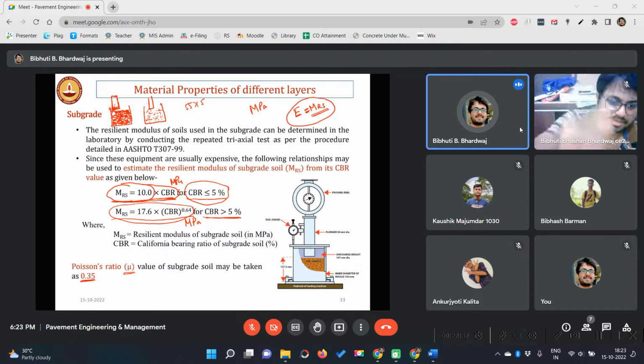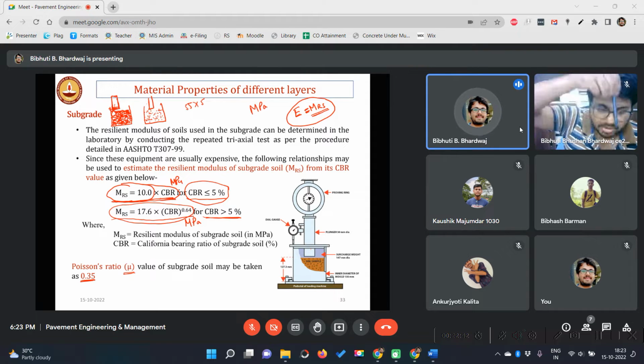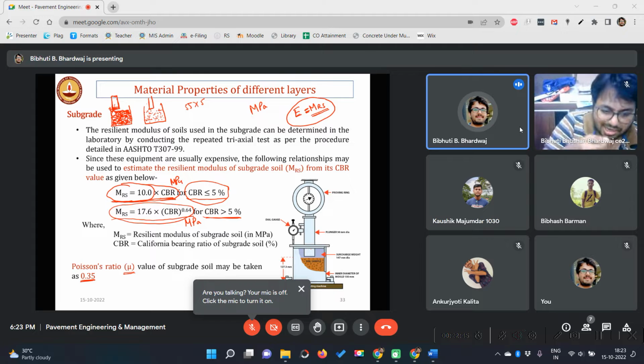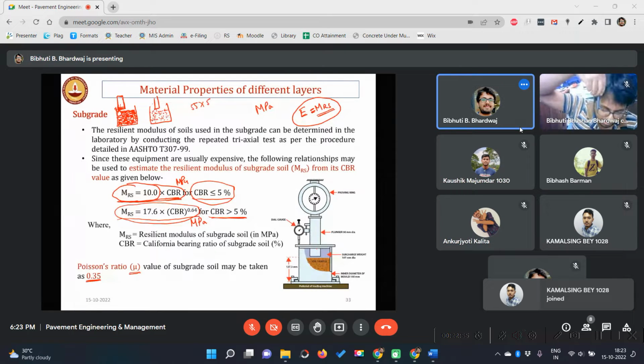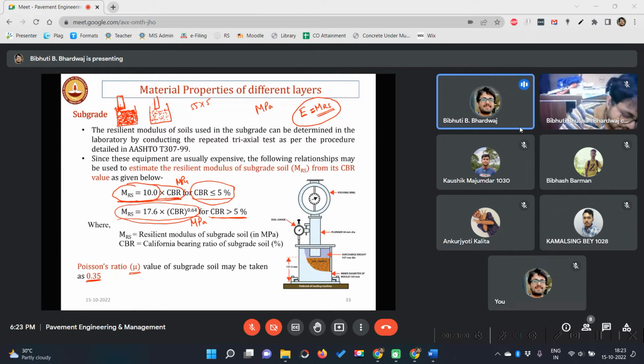If you remember the penetration test in bitumen, there also a needle is penetrated into the bitumen to check how hard the bitumen is. So here also, in order to check how hard the soil or the aggregates are, you start penetrating the plunger. Now the engineers in California took these aggregates and tested them.